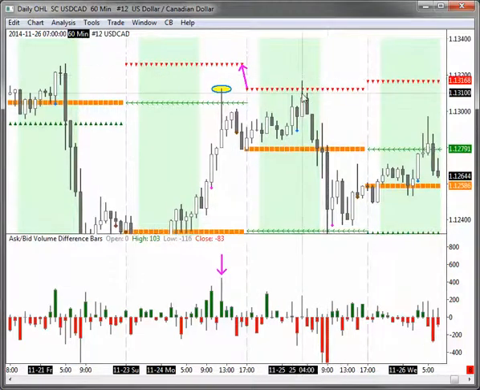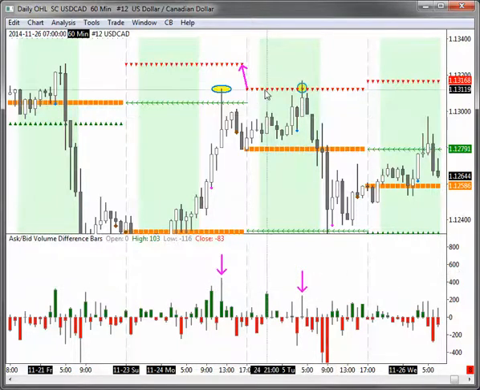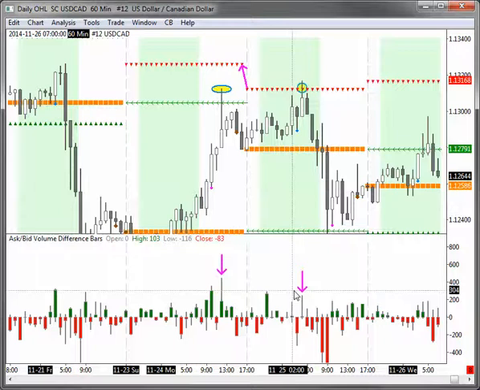So what we want to do, when it gets up to the first available reference point, is look at the ask bid volume difference bar, and that happens to be this bar right here. What we would expect to happen at a resistance level like the previous day's high is to find resistance, to find sellers willing to step in, and that's what this bar shows.